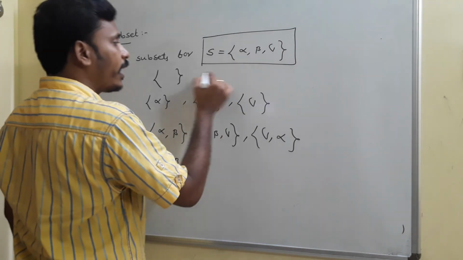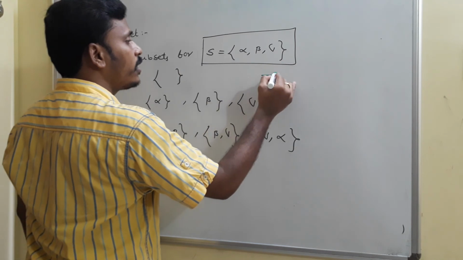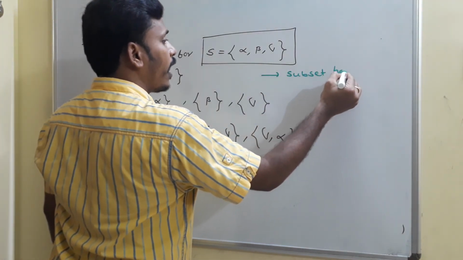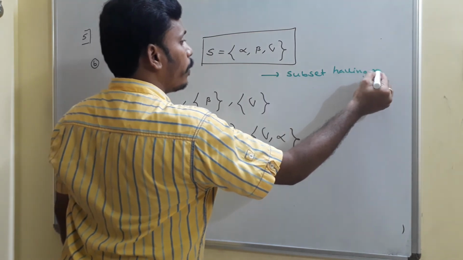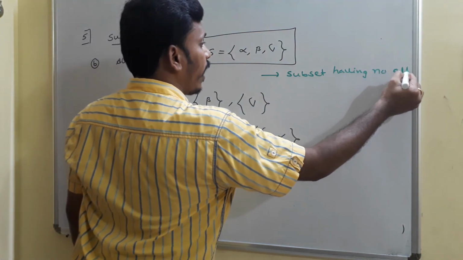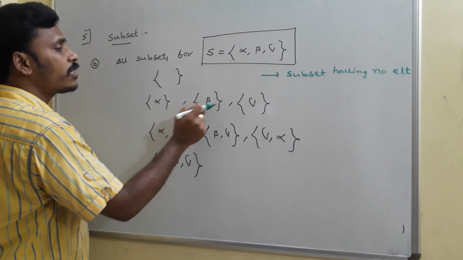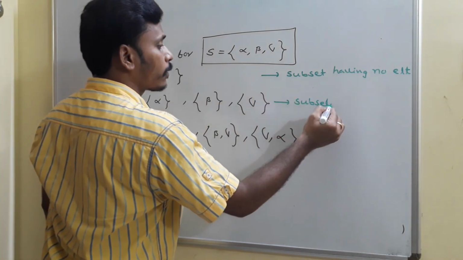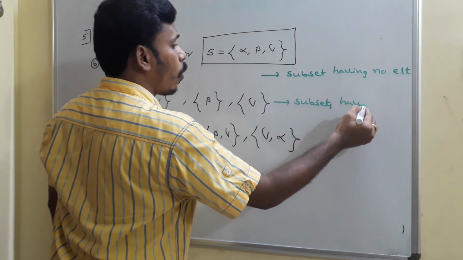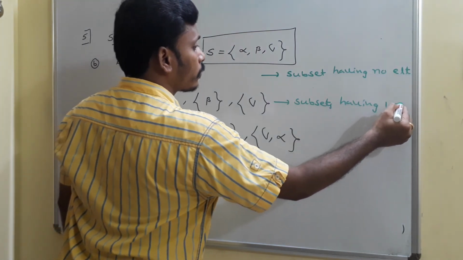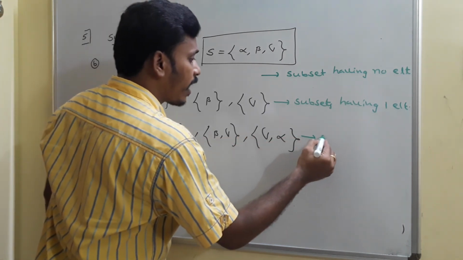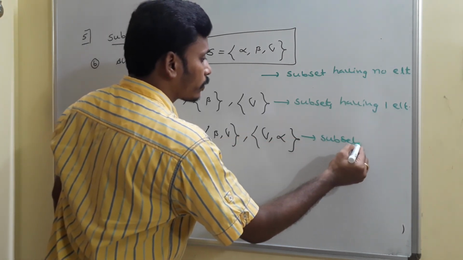And this first one is a subset having no elements, and these three subsets are subsets having one element, and these three subsets, if you look, they are the subsets having two elements.